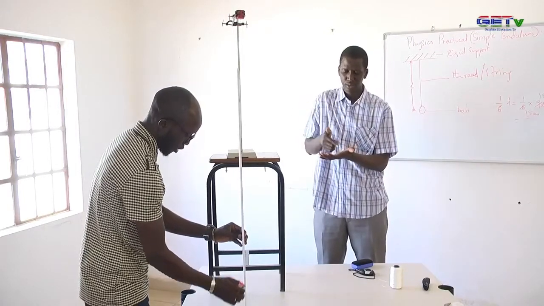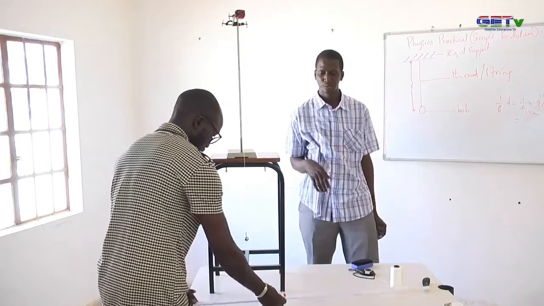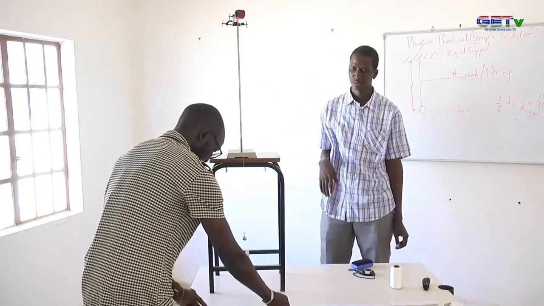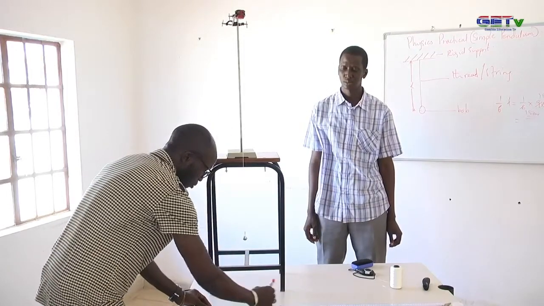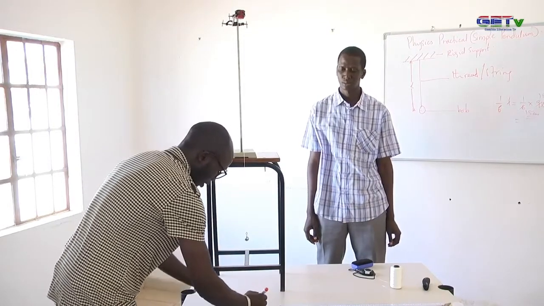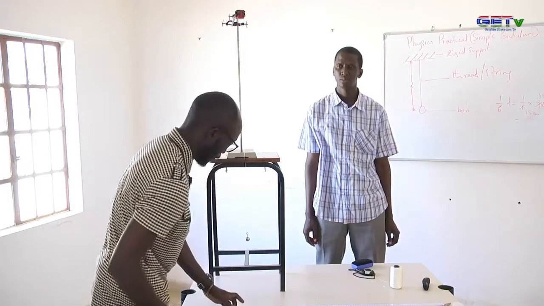So we would mark that point, and then we will measure 15 centimeters to the right and to the left. So this is our 15 centimeters. From 0 to 15, that's 15 centimeters. 15 to 30 is another 15 centimeters.